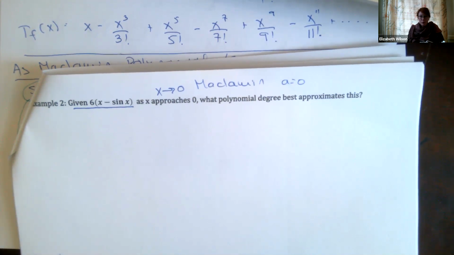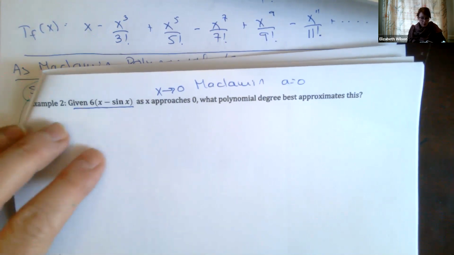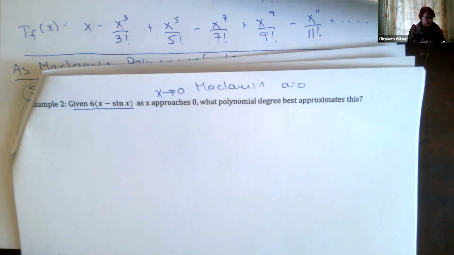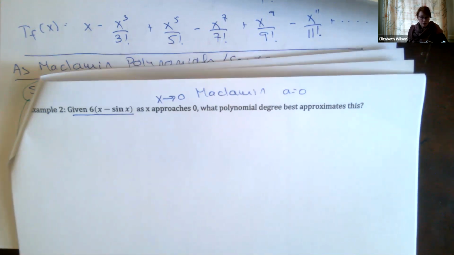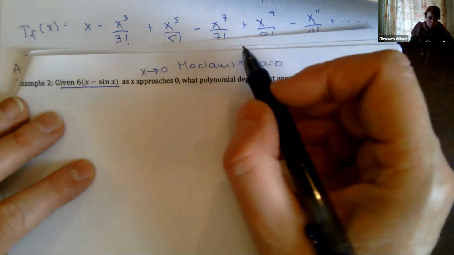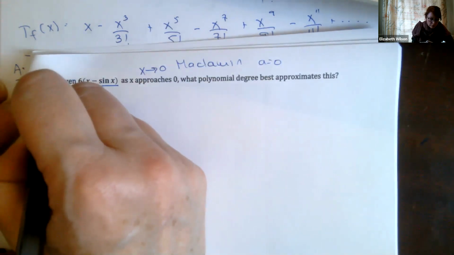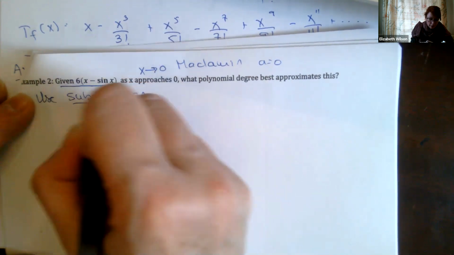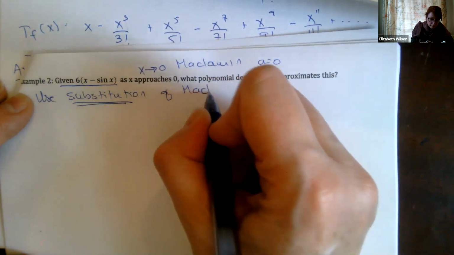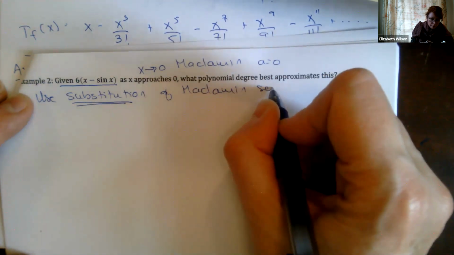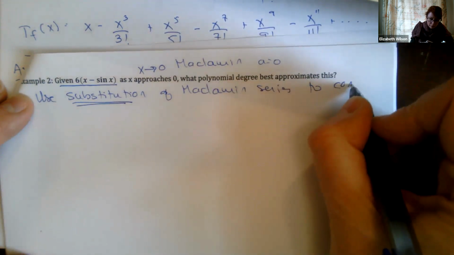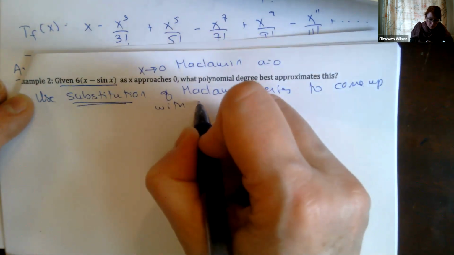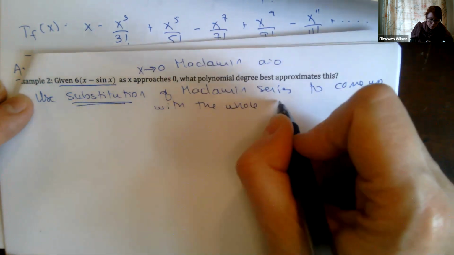But imagine if it was more complex; we're going to amp up the complexity as we go along. I'm showing you a simpler one. I think this is actually a homework problem, so you'll be able to copy it right down from your examples. What we're going to do is use substitution of Maclaurin series to come up with the whole equation.